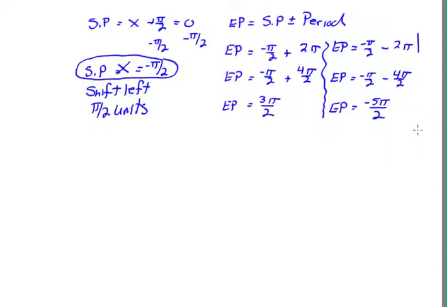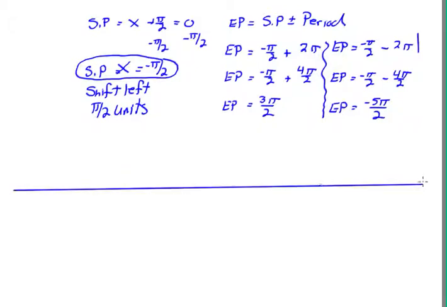Scrolling up. Okay, so let's think about what we have. If this is our table of values, we get a table of values set up here. There's our x value, and this will be the sine of x plus pi over 2 when we work it out.